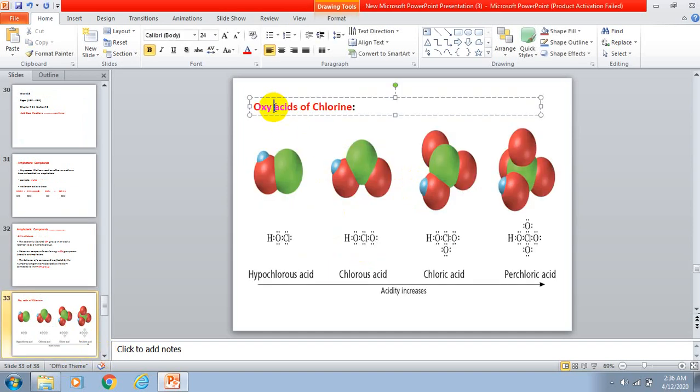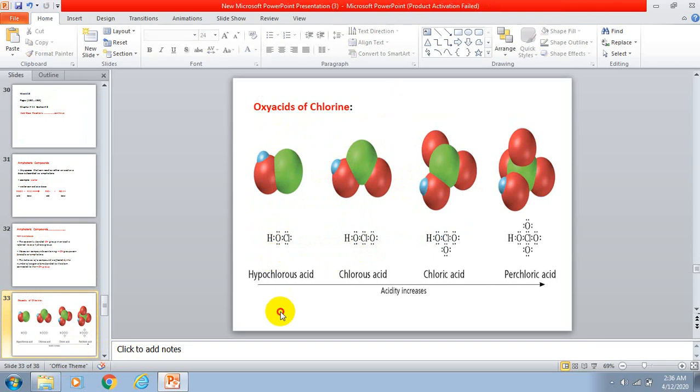Oxyacids of chlorine. Now look at chlorine, but in different forms. Look at HOCl, hypochlorous acid. Single O, hypo, mono as well.